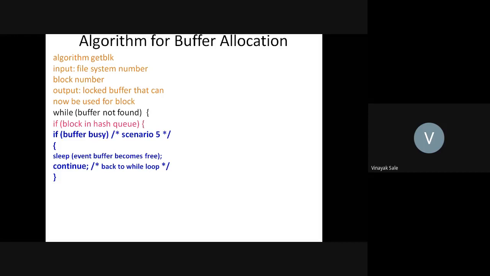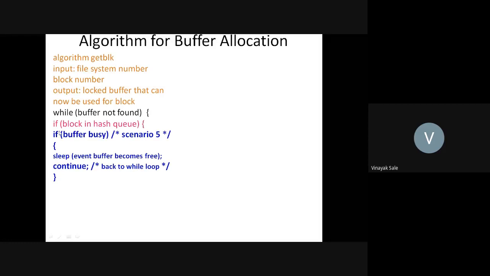If it finds the block on the hash queue, or there is no block, then it will assign the buffer, and if the buffer is busy and that condition is true, then the kernel goes to sleep mode and continues, that is, back to the while loop. Again the buffer will not be found.